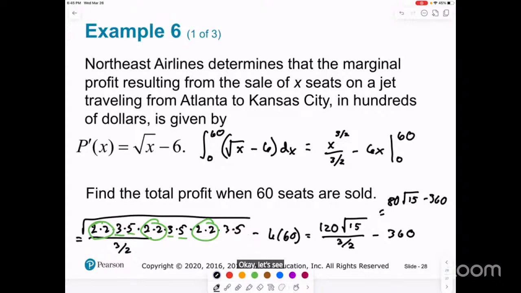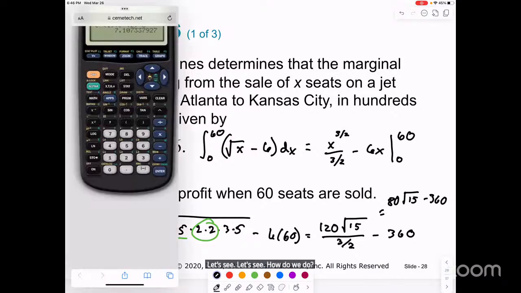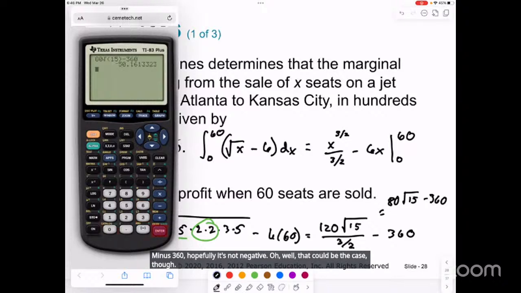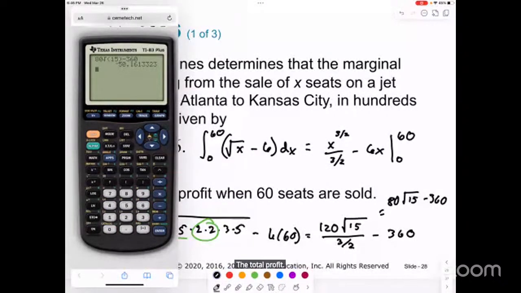Find the total profit when 60 seats were sold. So we're just going to use a calculator to crunch that number. So I got 80 times the square root of 15 minus 360. Hopefully it's not negative. Oh, well, that could be the case though. The total profit, we're in the hole by 50.